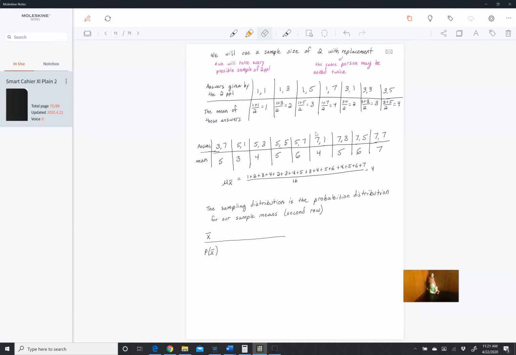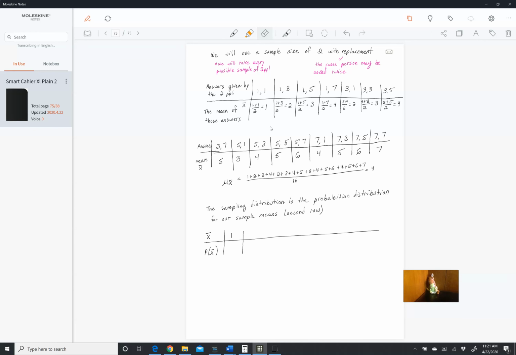So what are our different sample means? Well, we could see that one of the sample means is a 1, right? We're essentially looking through here and we're saying, what are our different numbers? So 1 is a possible sample mean. Okay, this is X bar. So 1 is a possibility.